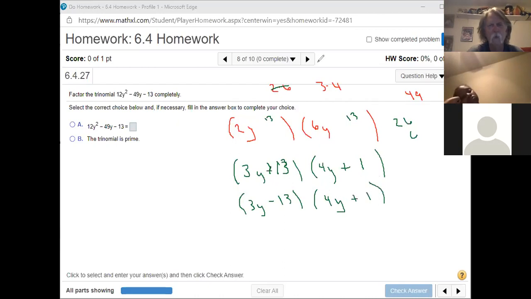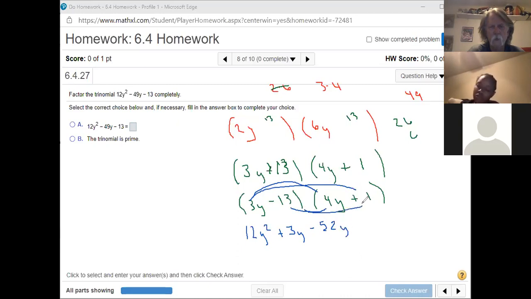All right, so now let's go back and work this. 3 times 4 is 12y squared. 3 times 1 is positive 3y. 4 times 13 is negative 52.